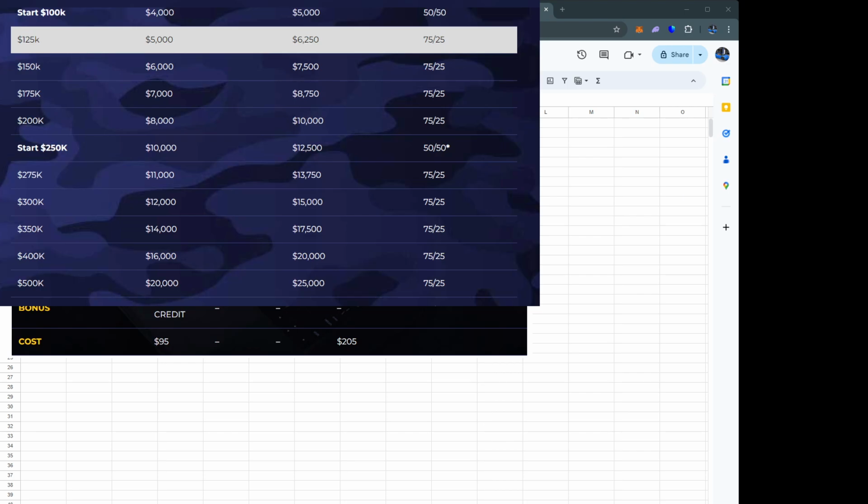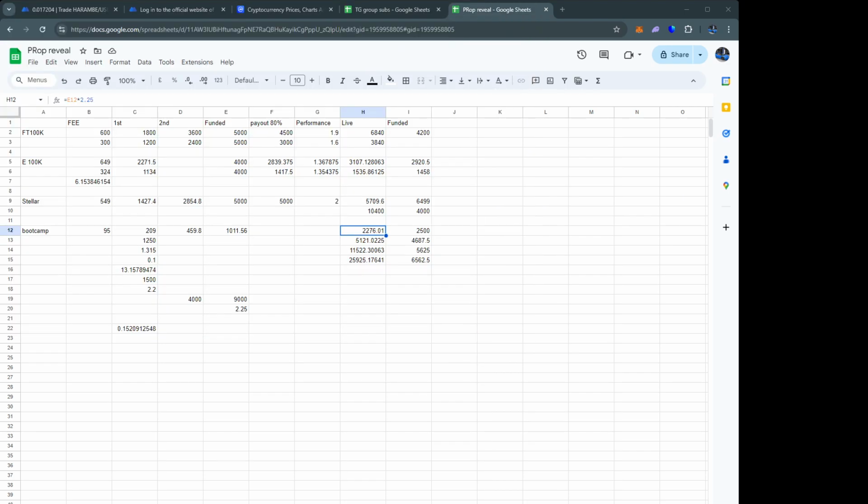So if you achieve to pass at this stage 2 and get the second payout, you get 75% of 6,250. So in your funded account, you will have in the second stage a 4,687 payout, while in the live account you will have 2.25 of the initial balance, meaning that you will have 5,000 $121.